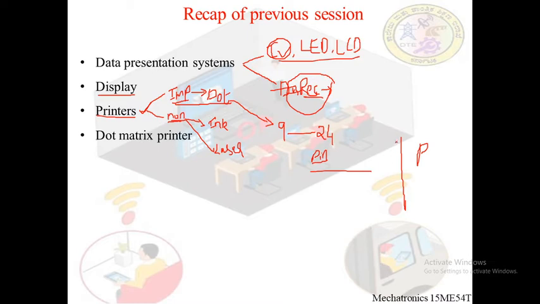They strike the paper not directly but through the ink ribbon. When the pin strikes this ink ribbon, a dot is produced on the paper because of this ink ribbon. This type of printer is called the impact printer because there is a direct impact of these pins on the paper through the ink ribbon.